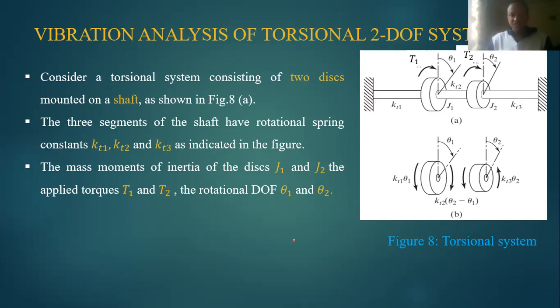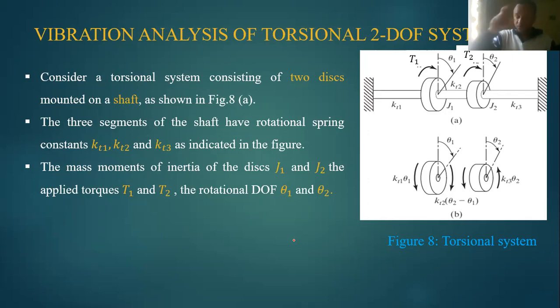In this case, the shafts are most of the time rotating parts, which are subjected to torques, and then it experiences the torsional moment. The stiffness we consider here is torsional stiffness. Rather than linear deflection x, we use torsional twisting angle, theta.